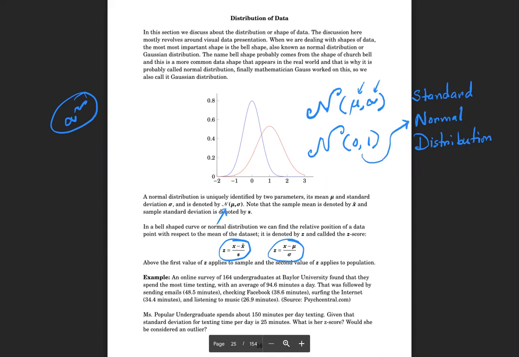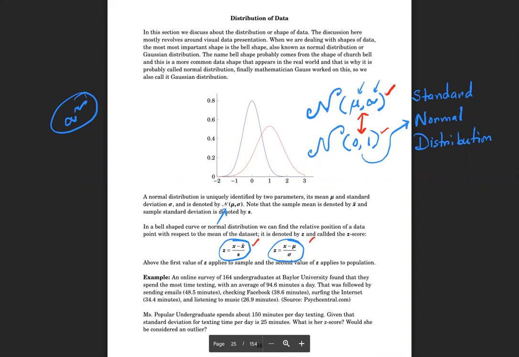Now you can always go back and forth between these two. That means you can go from any normal distribution to standard normal distribution or vice versa by using these formulas.